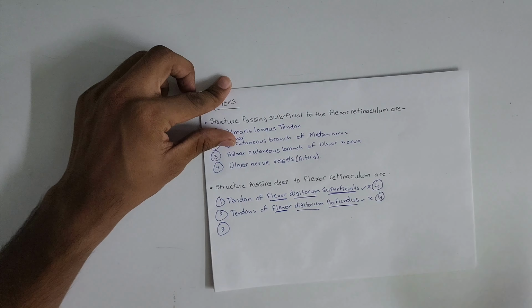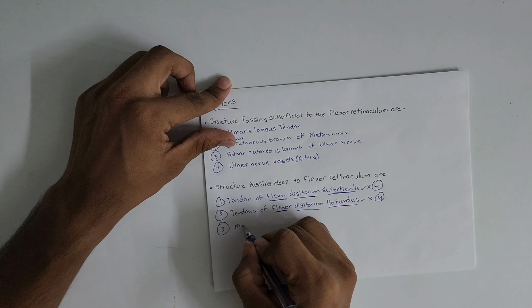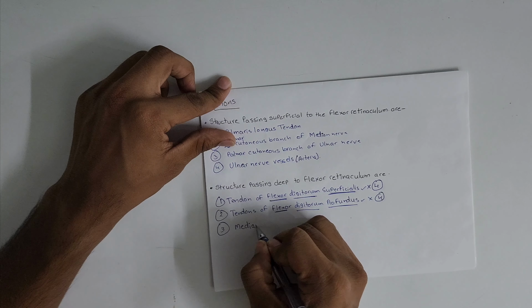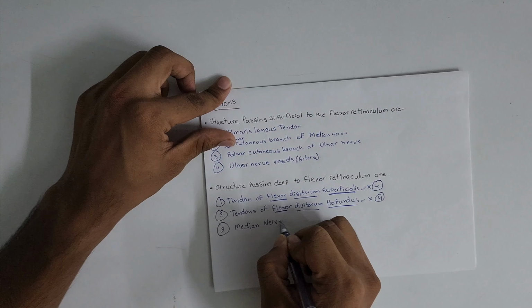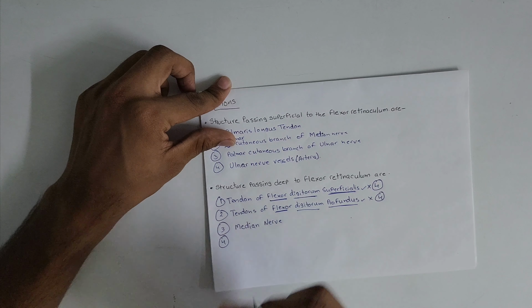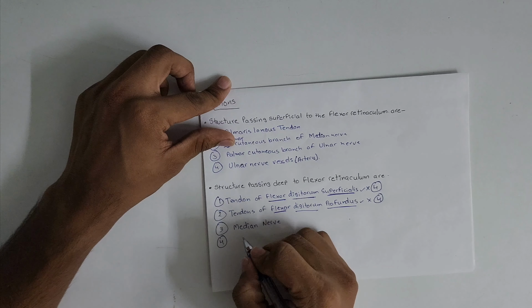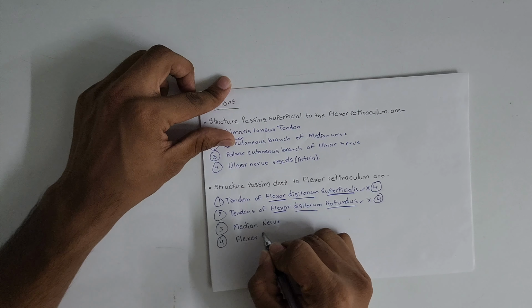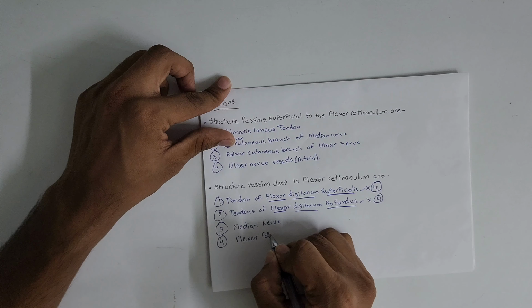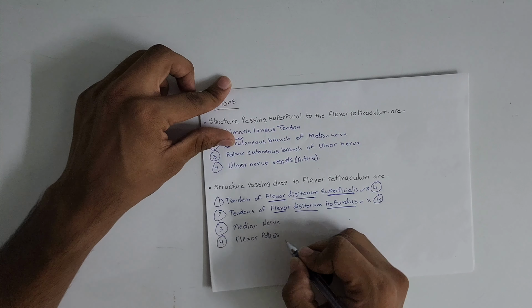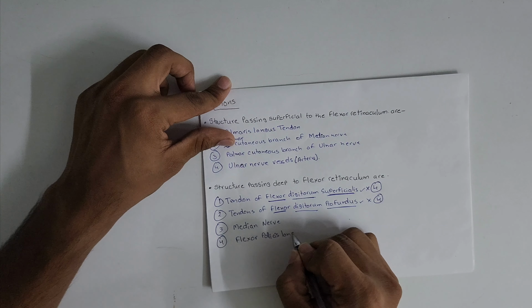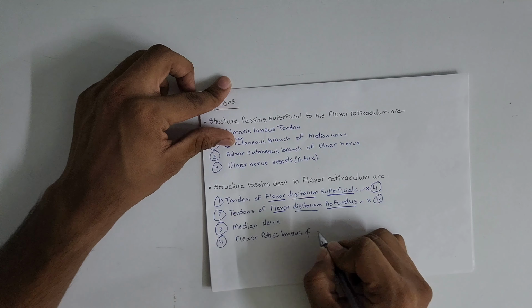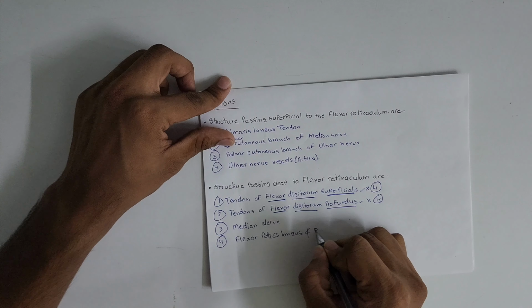Thirdly, I have median nerve, and fourth I have tendon of flexor pollicis longus, and its bursa called the radial bursa.